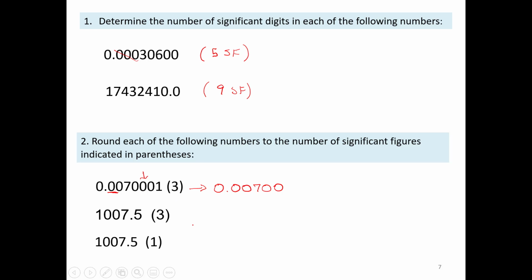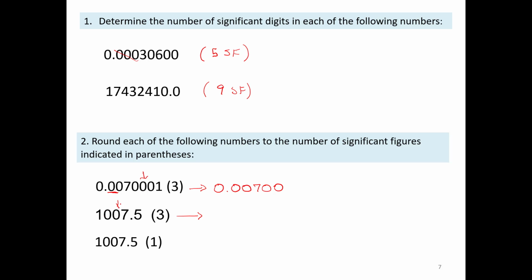Now in the next example, we want to round this number to 3 significant figures. Then these 2 zeros are significant. They are between 1 and 7. Then 1, 2, 3.